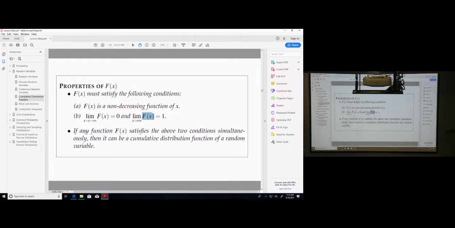Okay, anyway, I will say this. If any function F of x satisfies the above 3 conditions simultaneously, then it can be a cumulative distribution function of a random variable. Okay, so we have some random variable that will give rise to this particular big F. And this is the condition of C.